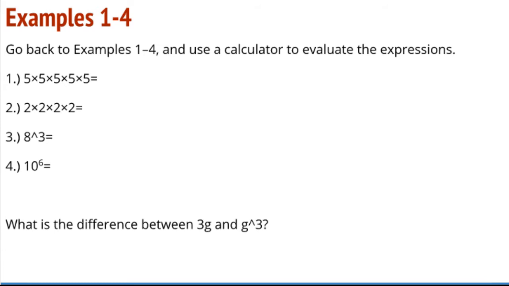And if you need to, use a calculator to solve these out and find the value. And there are some kind of cool little shortcuts you can do on the calculator, but we won't get into those right now.